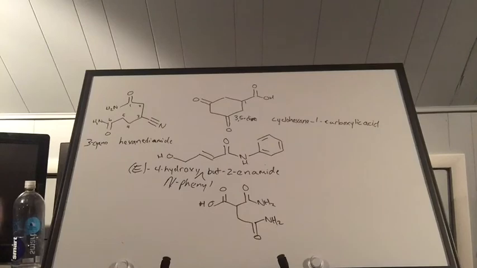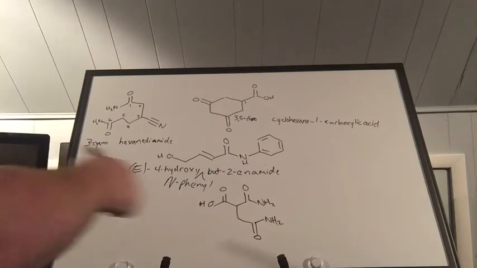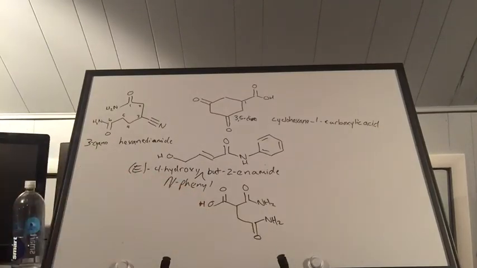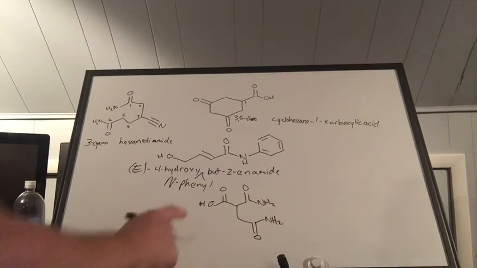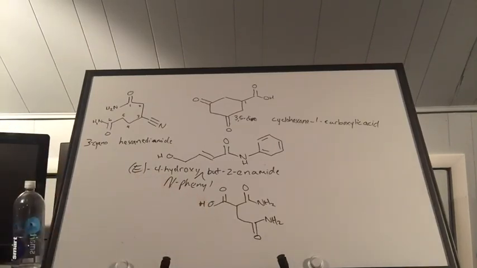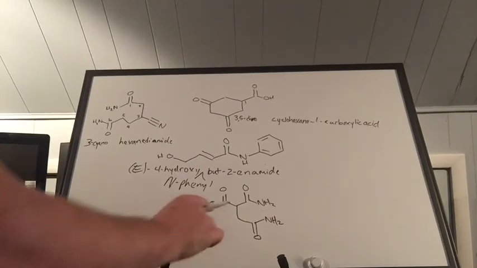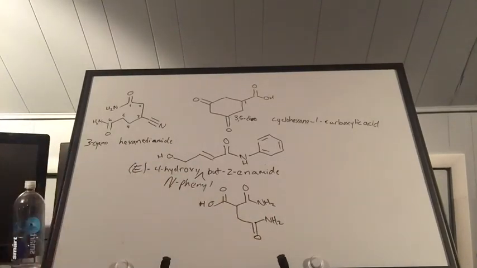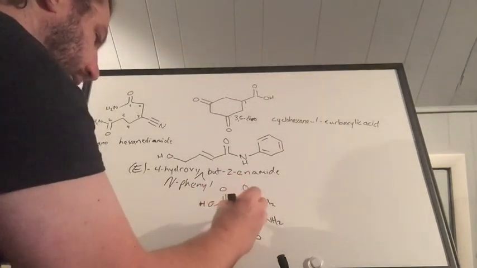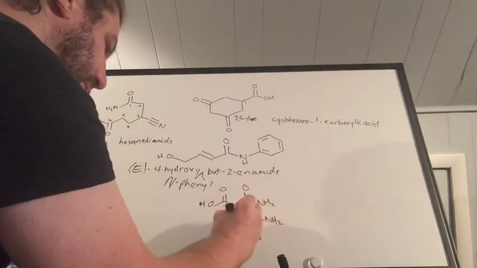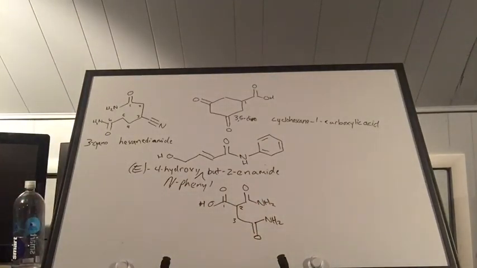All right, so then the last thing we have here is this little funky looking bugger. Remember that carboxylic acid is going to be the highest priority. So we have 2 amide groups that are actually hanging off of a main chain. So this is going to be 1, this is going to be 2, and this is going to be 3 carbon. Okay.